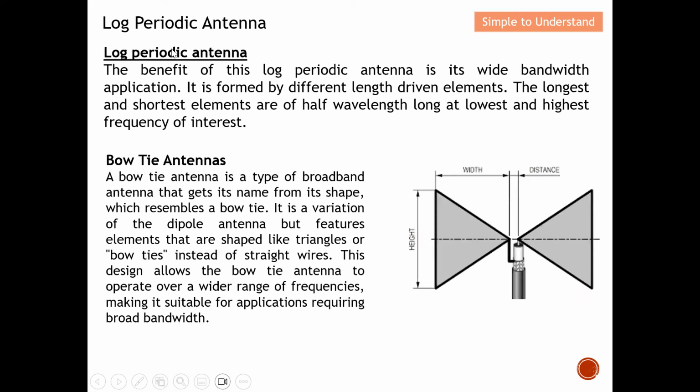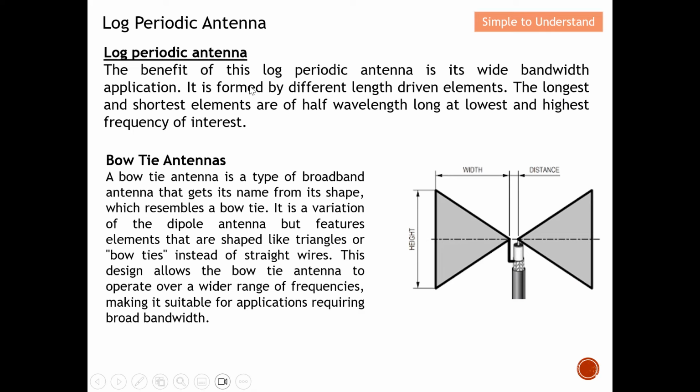Next, let's quickly move on to the log periodic antenna. What are the benefits of this log periodic antenna? It is simply wide bandwidth, which means that with this form of antenna, you can work in a larger bandwidth. Typically it is formed by driven elements of different lengths.